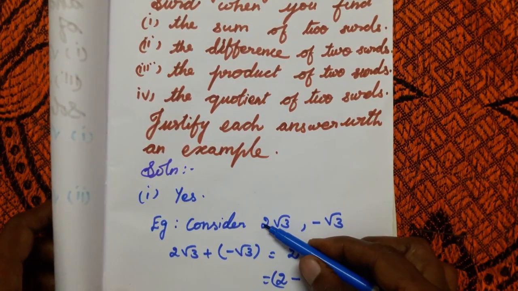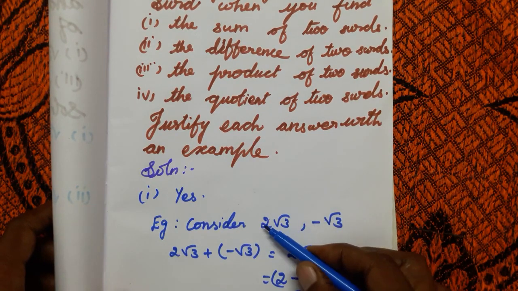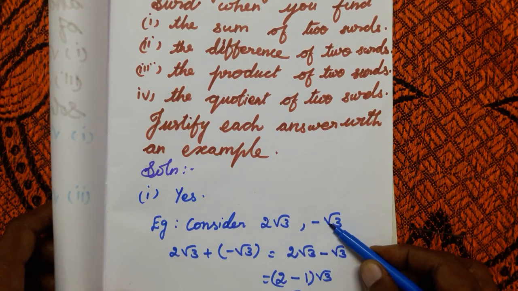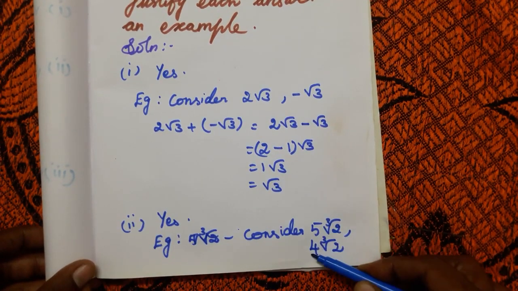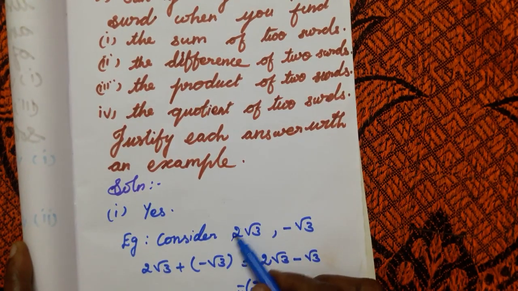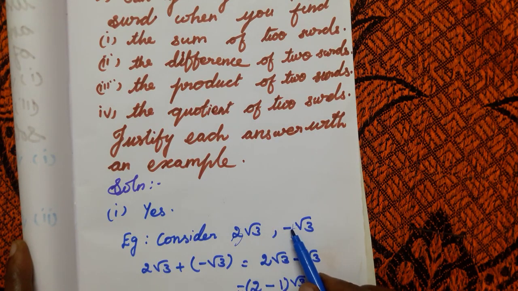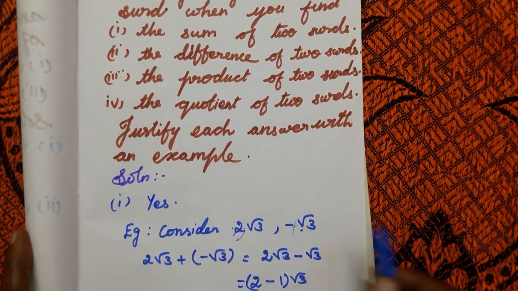Here the coefficients are 5 and 4. Here the symbol should be plus and minus for the sum example, like I selected earlier, positive and negative. Here also you can select 5 and 4, but for the sum the signs should be plus and minus. Then only we can get the answer.